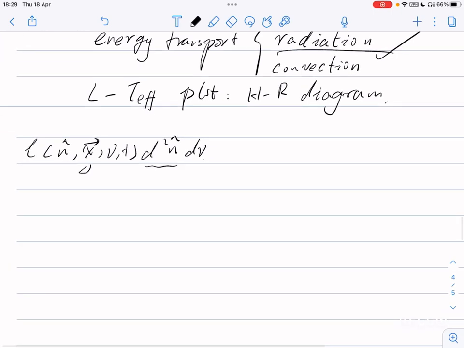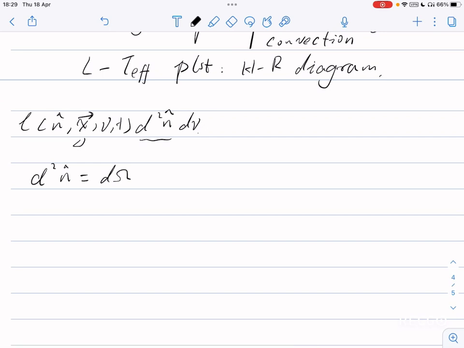Notice that the solid angle d²n we can express in spherical coordinates, and this expression will be very useful.